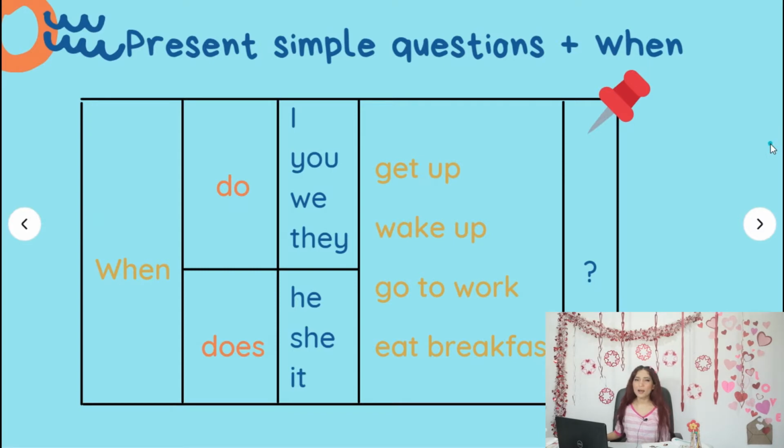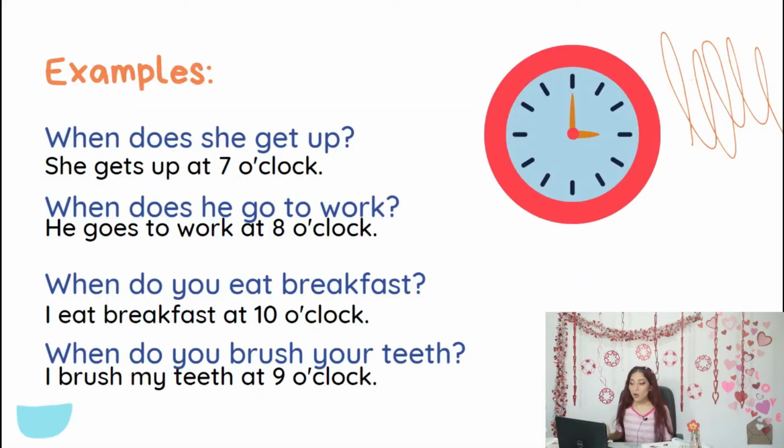When does he get up? When does she brush her teeth? When do you eat dinner? Okay? And don't forget the most important thing, that is the question mark. In English, we only use one question mark at the end, never at the beginning, okay?